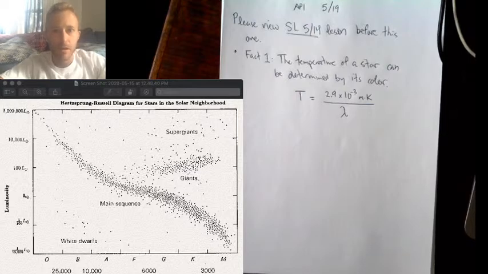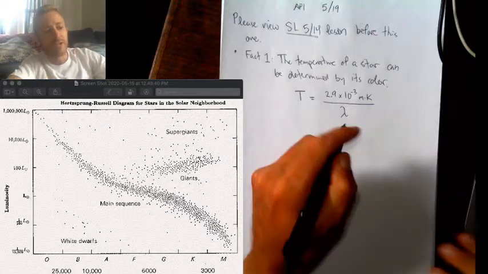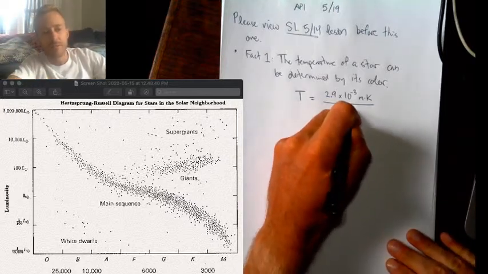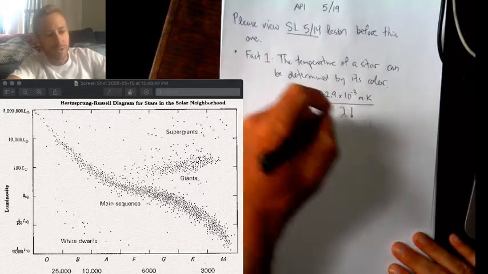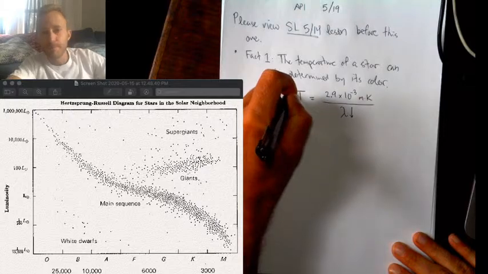This is the temperature of the star in Kelvin. Blue light has a shorter wavelength, so as the wavelength goes down, so it's a bluer wavelength, that means that the temperature goes up.